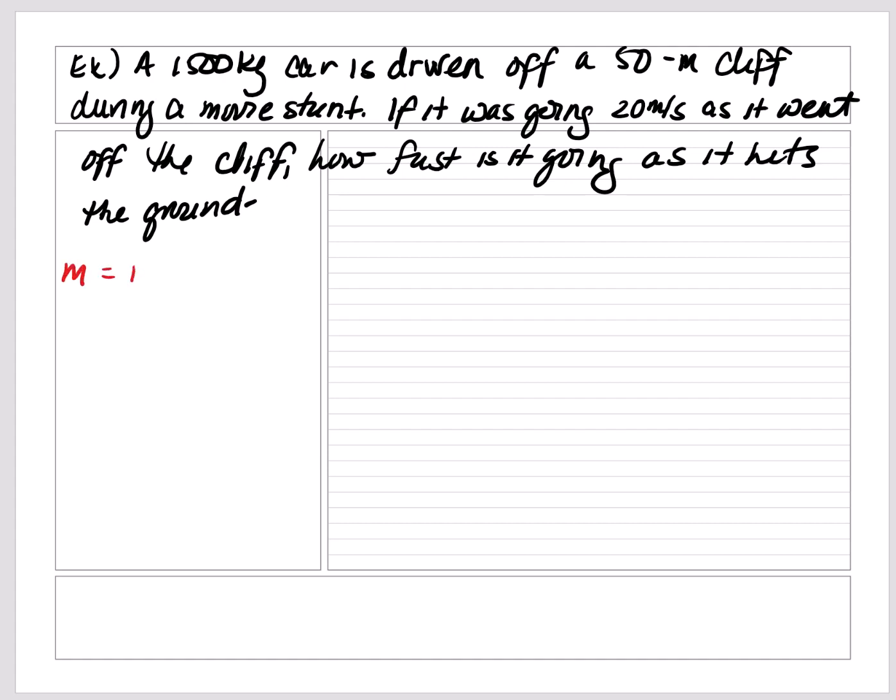1,500 is the mass of the car. It is driven off a 50-meter cliff, so that is your distance. It was going 20 meters per second when it jumped off the cliff, so that is your v initial.